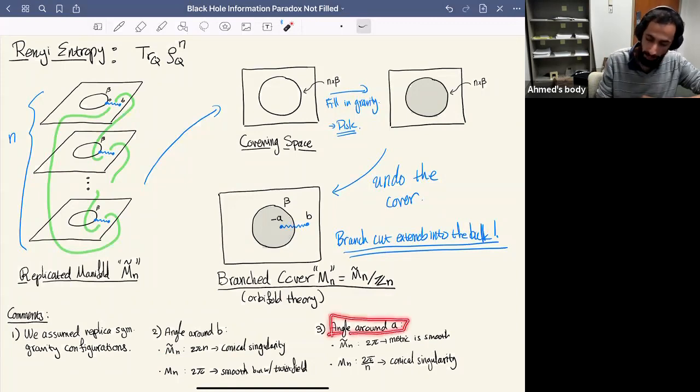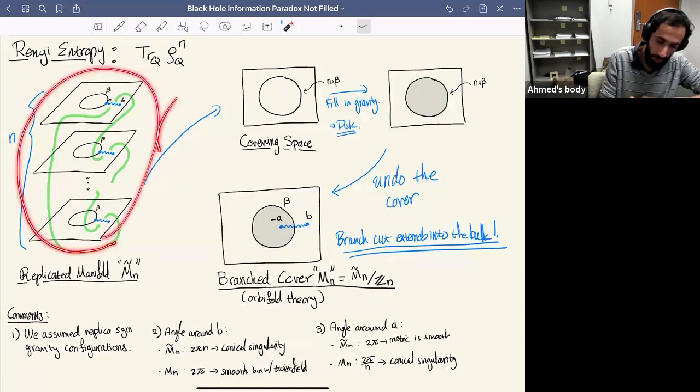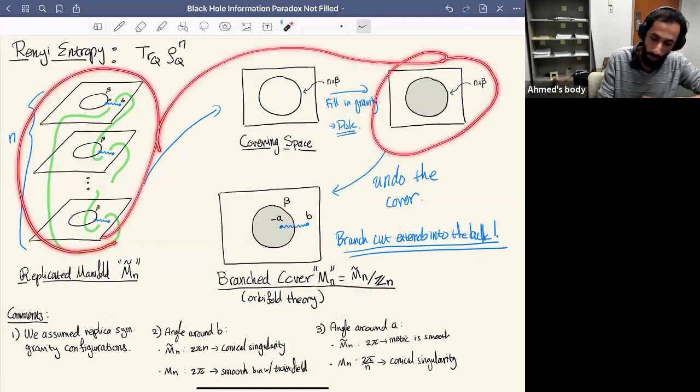Now, next, let's talk about the spacetime around point A. When we consider gravity configurations that fill in this geometry, we are only considering smooth metrics that fill in the spacetime subject to the boundary conditions. And therefore, at any point, even the point A, the spacetime should be smooth.